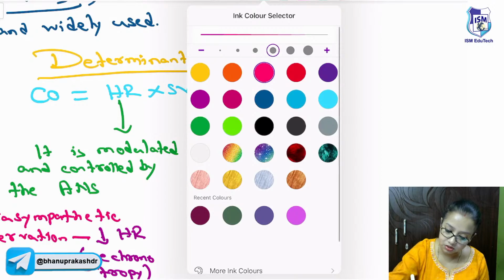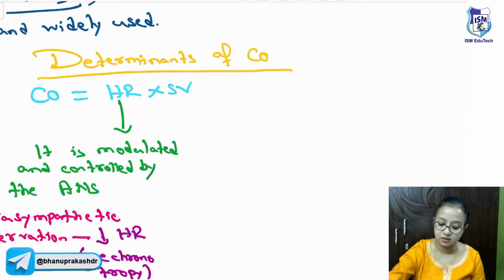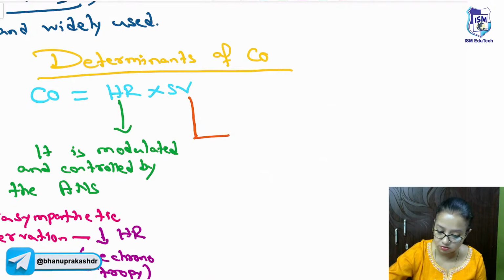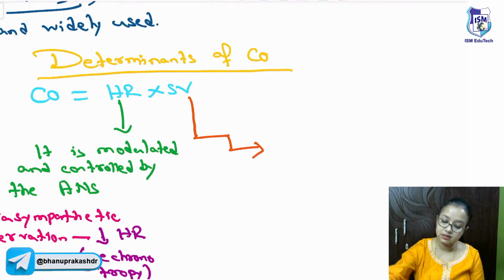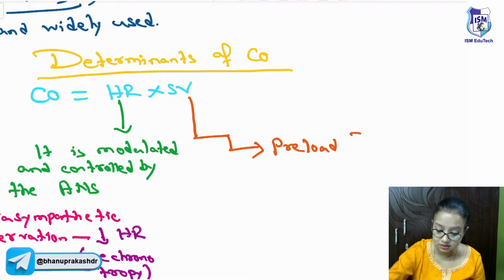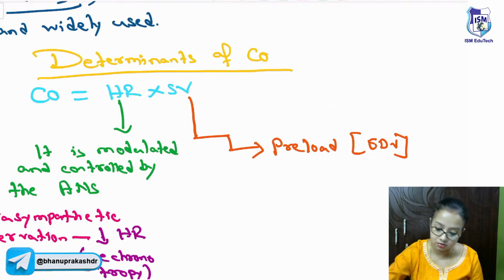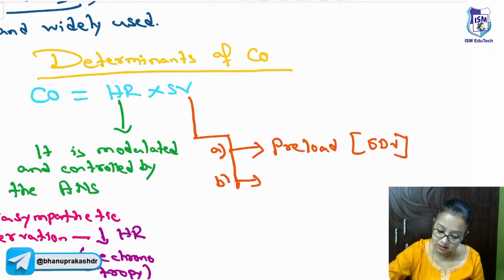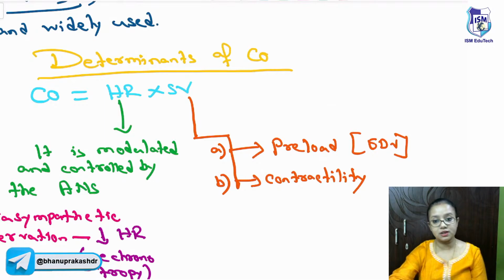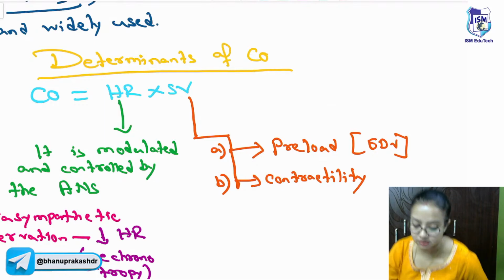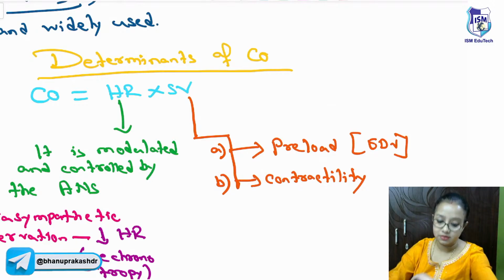Now, coming to the stroke volume. This has more than one factor, and it is very, very interesting. The stroke volume is controlled by, first, the preload, which means the end diastolic volume. Second, B, is the contractility of the ventricle, mainly the left ventricle.